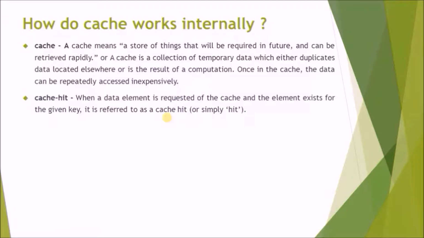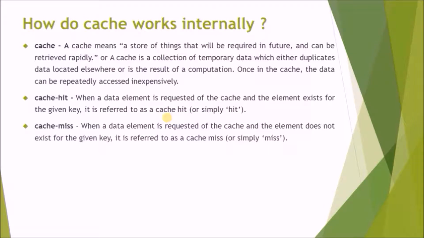Cache hit. When a data element is requested of the cache and the element exists for the given key, it is referred to as a cache hit, or simply hit. Cache miss. When a data element is requested of the cache and the element does not exist for the given key, it is referred to as a cache miss, or simply miss.